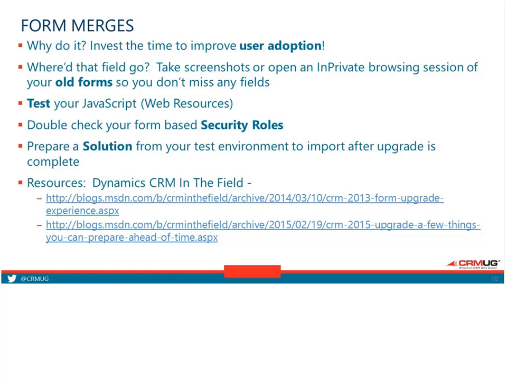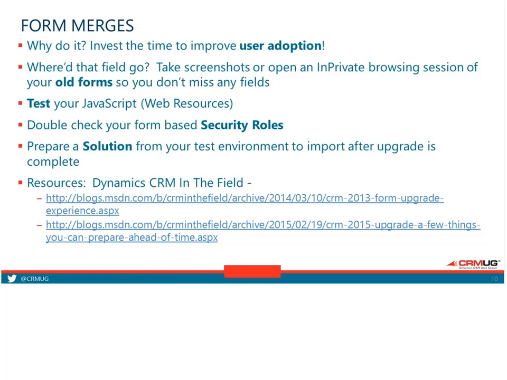So again, after you go live, you'll have an opportunity to implement the customizations for some of the new features. And so when I talk about prepare a solution here, it's doing just that. As part of our migration plan, we had accounted for, after our database had been updated to the newest version, we would then apply that customization solution file.